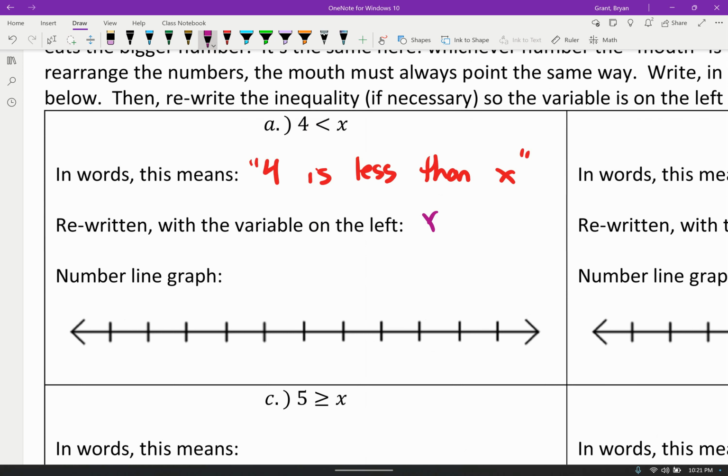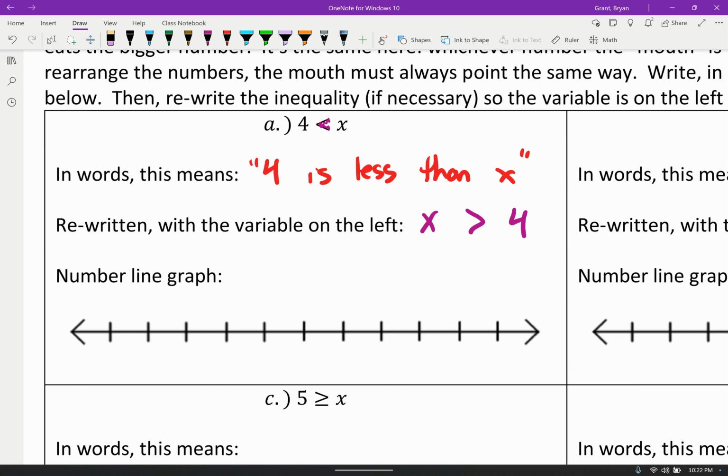So we're going to put the x first and the 4 second. The mouth currently is trying to eat the x. So when you switch the sides, what does the mouth still have to be trying to eat? Oh, that's right, the x. So 4 is less than x is actually the same as x is greater than 4. They mean the same thing. You can even read it backwards. X is greater than 4.